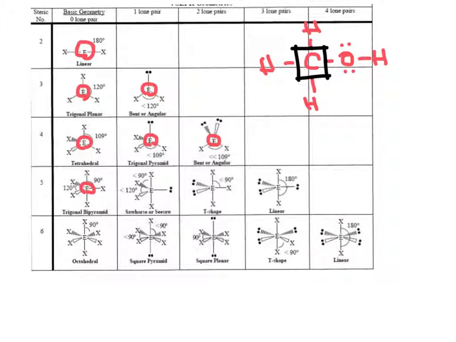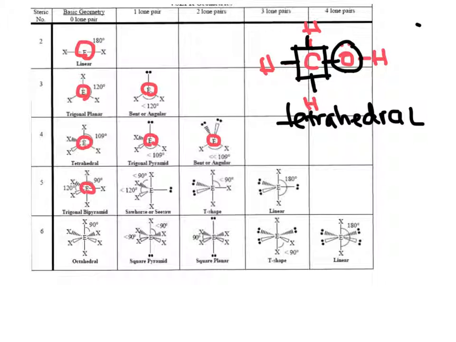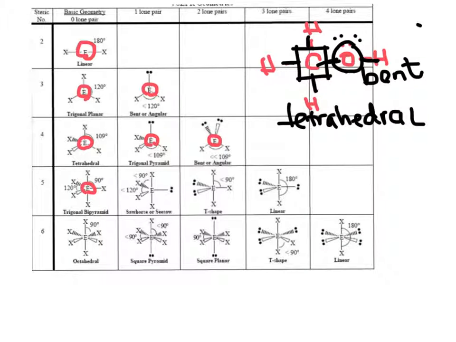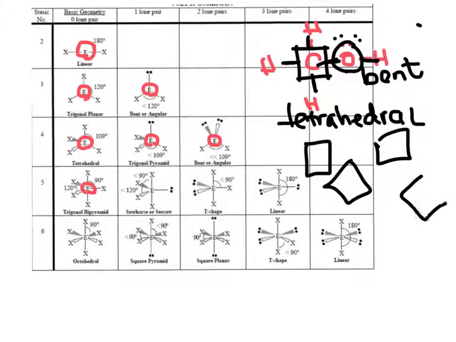This is a central element, and this has 4 pairs of electrons. So this area would show a tetrahedral shape. But we also have, if we count this oxygen as a central atom, it actually has 4 pairs of electrons and 2 are unshared, so it would show a bent shape. So just a heads up that for our class, we're just looking at where there's one atom in the center. But if you were to go on to AP Chemistry, you could be looking at a very complicated molecule, and you could be asked for the shapes of different areas of that molecule.